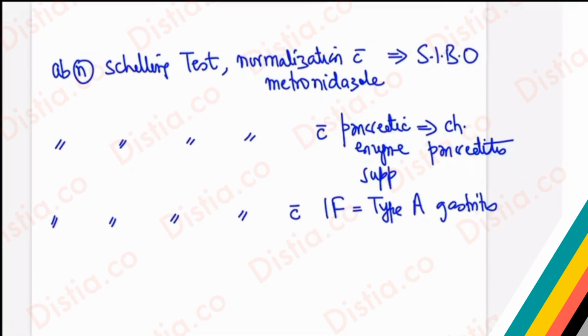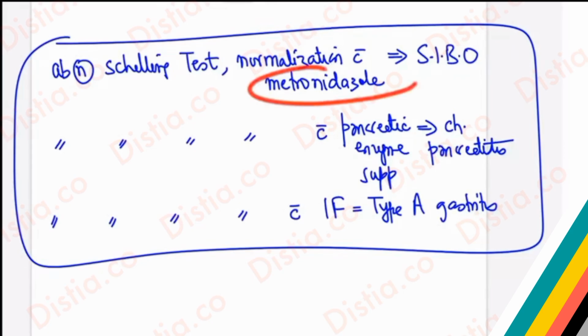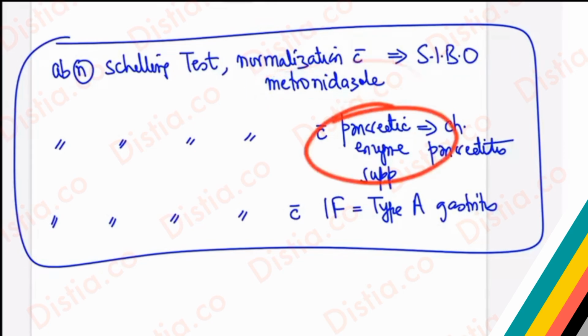I've just tried to highlight here three standard questions which have been asked in the exam. The concept is that he mentioned an abnormal and a normal Schilling's test. In between the two, there was some intervention done. The intervention was administration of metronidazole, the second time a pancreatic enzyme, the third time intrinsic factor, and then he asked what is the probable diagnosis of the patient.